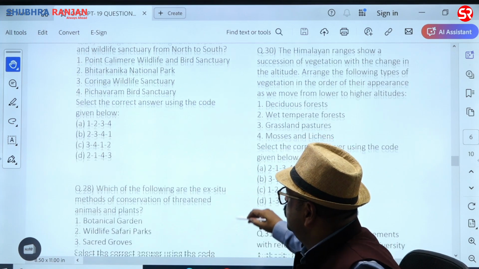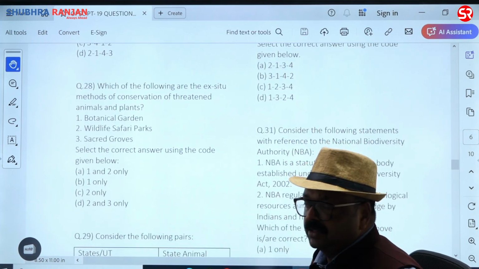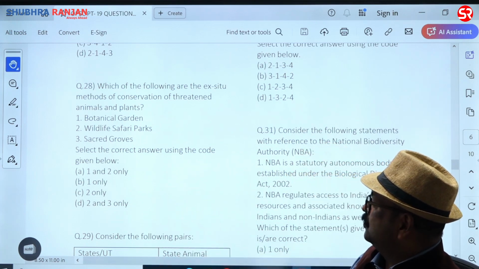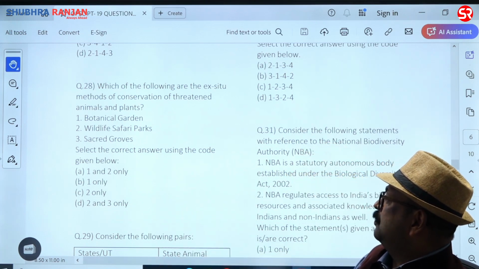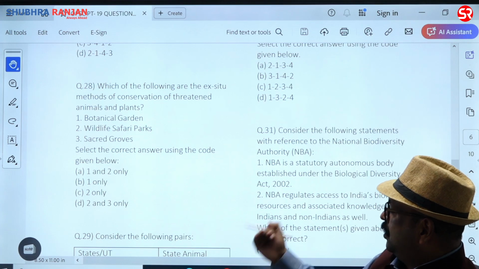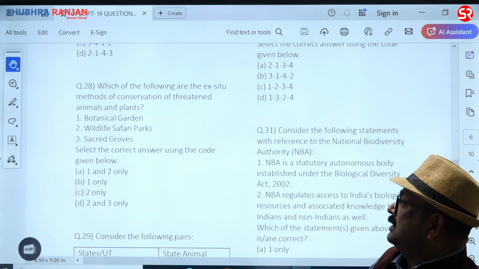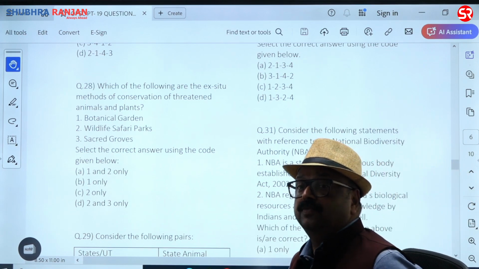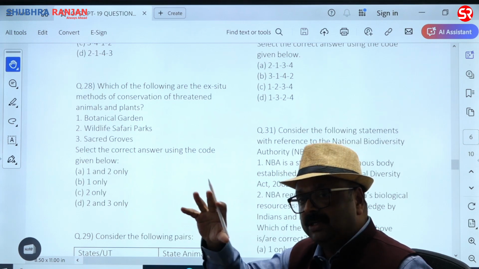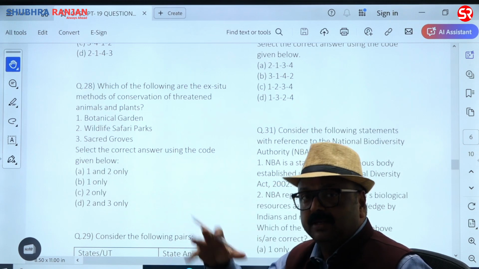27. Which of the following are the ex-situ methods of conservation of threatened species? कहीं उसके नेचुरल हैबिटेट से ले आके उसे सिक्योर कर लिया, दैट इज व्हाट ex-situ. So yes, botanical garden, arboreta, zoological park, it's ex-situ. Wildlife safari park, isn't it? Sacred groves, no. Sacred groves are protected forest, already protected by the native community.